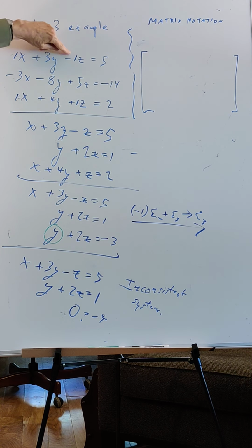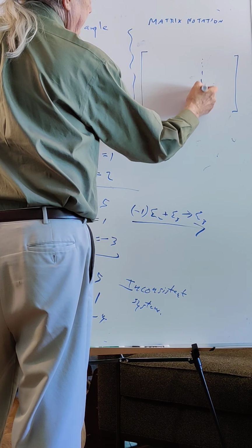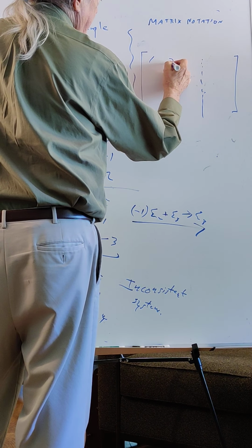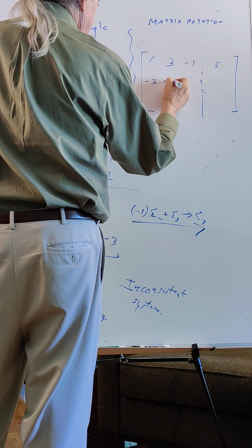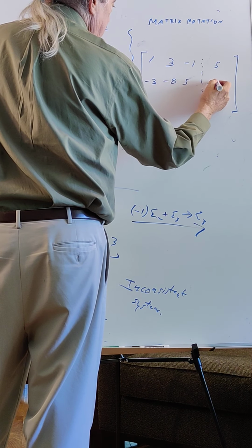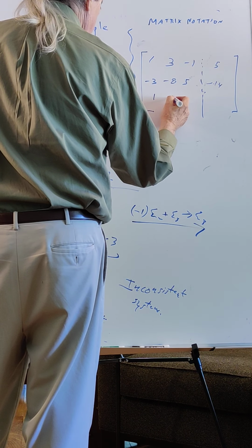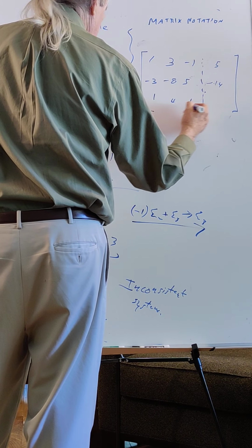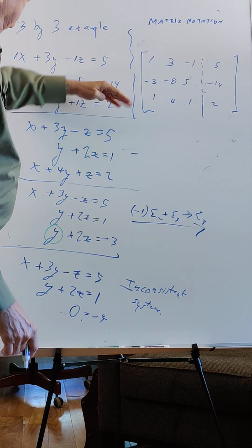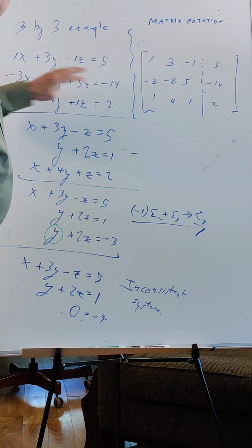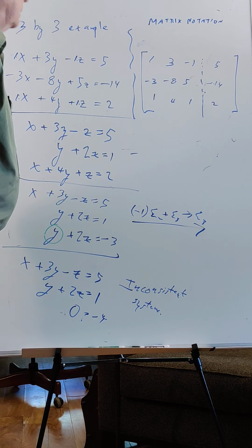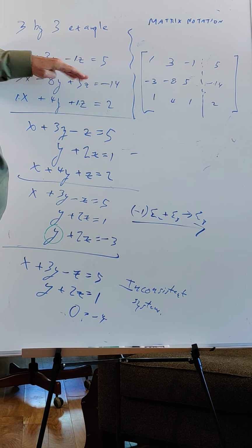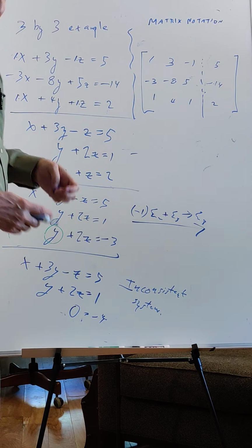So we have 1, 3, negative 1, and 5. Negative 3, negative 8, 5, negative 14, and 1, 4, 1, and 2. So if you suppress the x, y, z equals, you save a fair amount of writing. But it's up to you whether you use matrix notation or work with the equations.